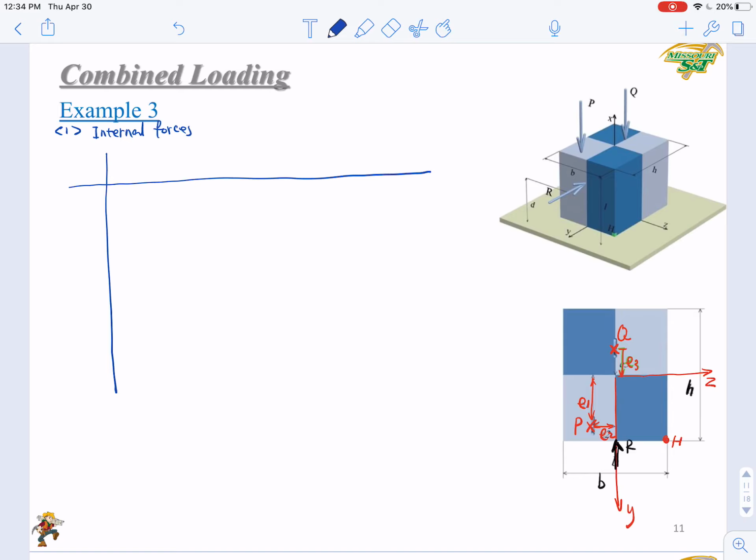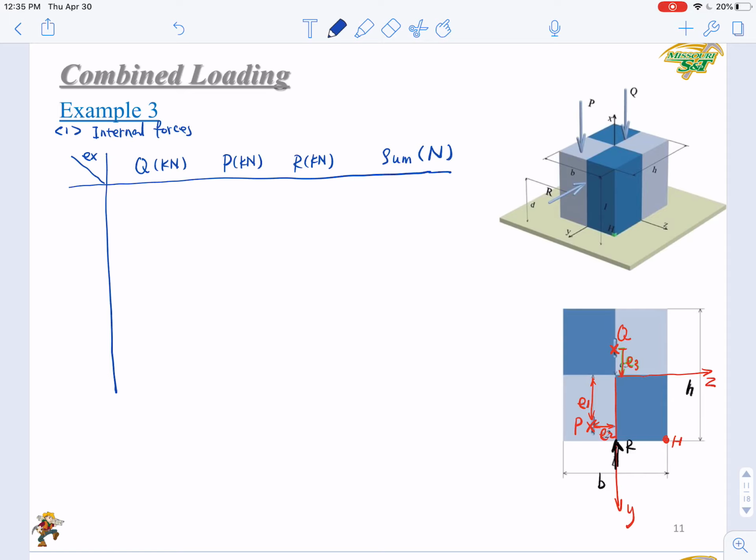So here you have 3 forces. Those are the external forces. You have Q in kN, and P in kN, and R in kN. And let's sum them in the end. Okay, but here we'll use Newton, since we'll use Newton millimeter in calculations.